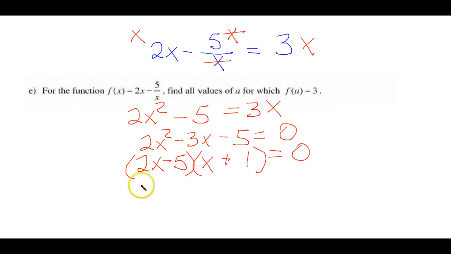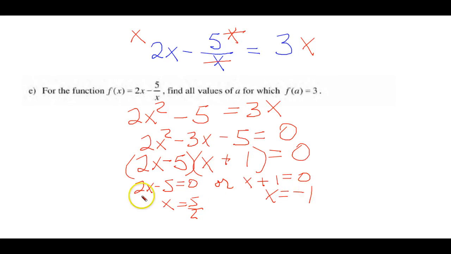So to give it the full treatment, 2x minus 5 equals 0, or x plus 1 equals 0. So here this is a 5, divide by 2, 5 halves, and this is x equals a negative 1. And those are our answers.